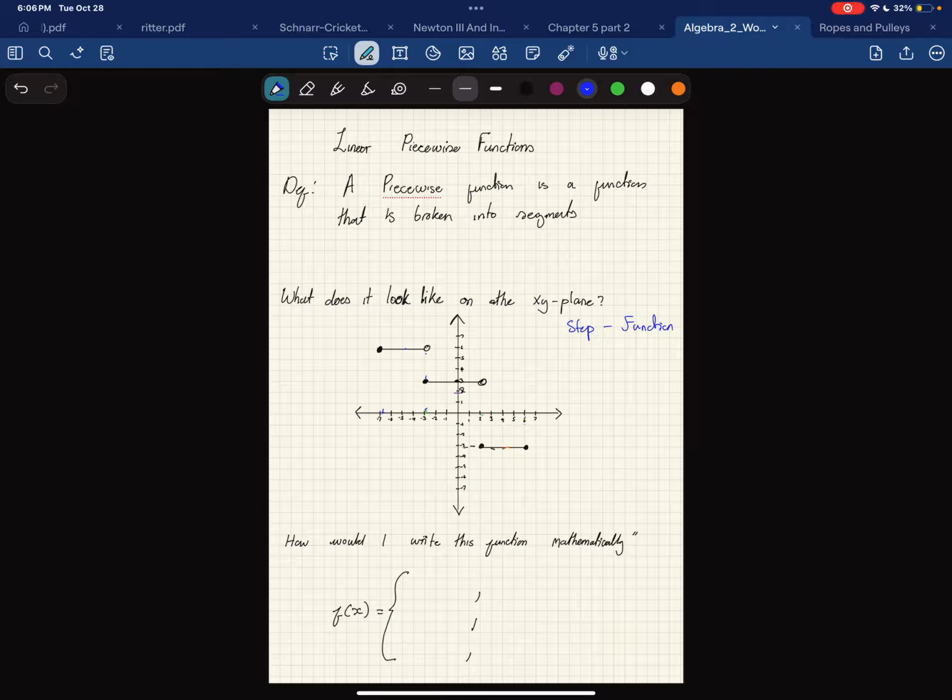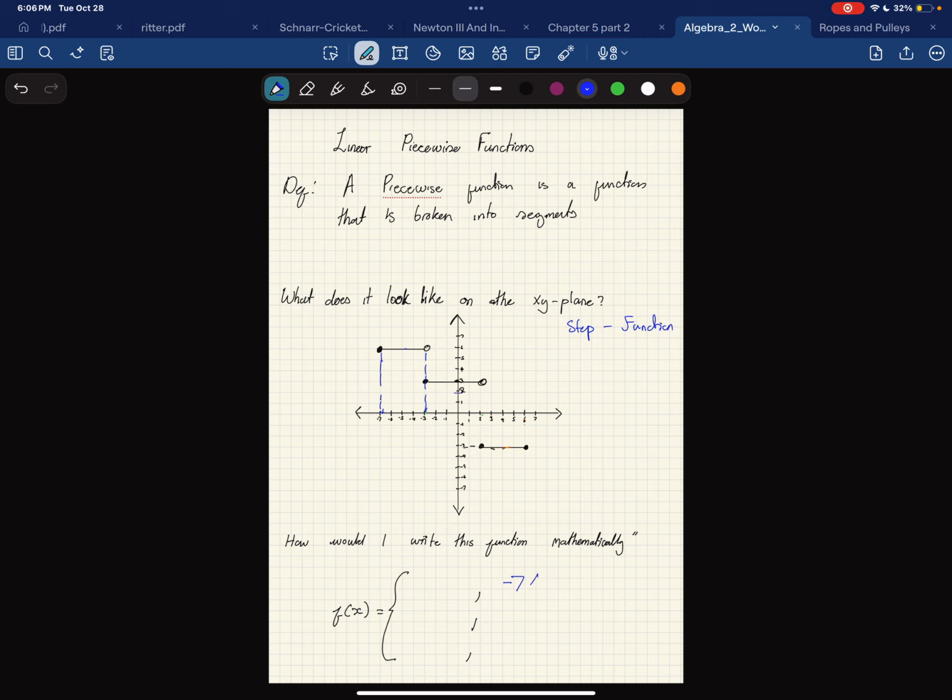So how would I write this function definition? What I need to know is the output of the function at a particular domain. So I start from the beginning, the far left. This domain runs from -7 to... am I including -7?